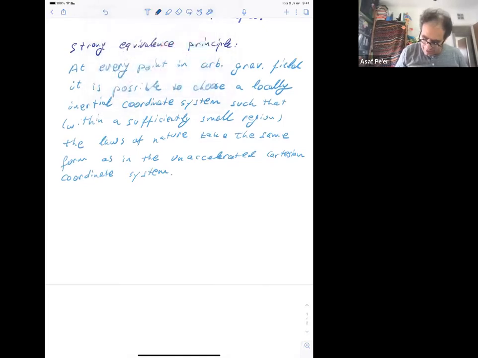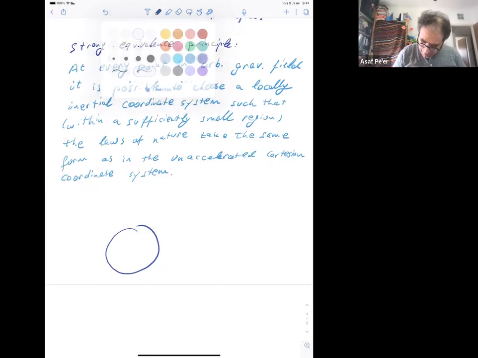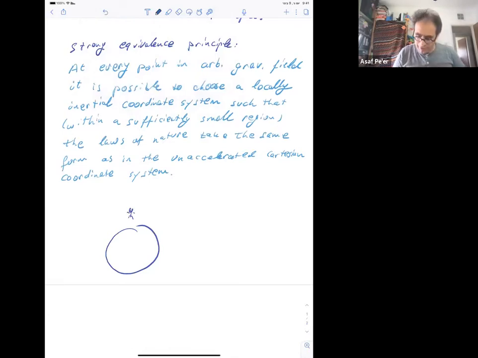Because if this is Earth and we are here, this is me here, my freely falling coordinate system would be falling in the direction of the center of the Earth. And my friend in Australia, which is here, for them the freely falling coordinate system would again be pointing, of course, towards the center of the Earth.